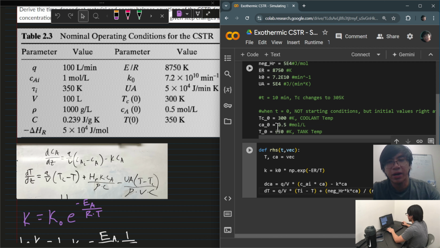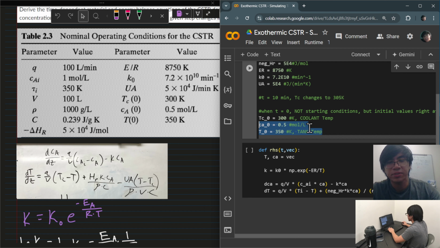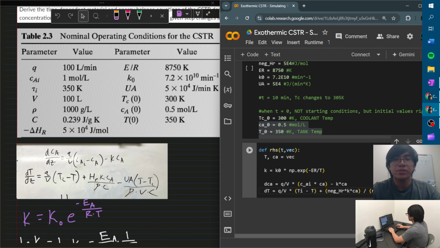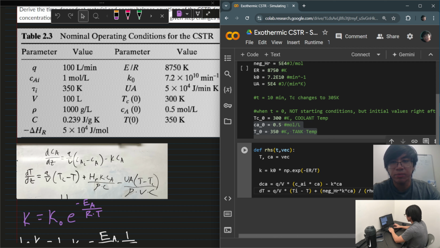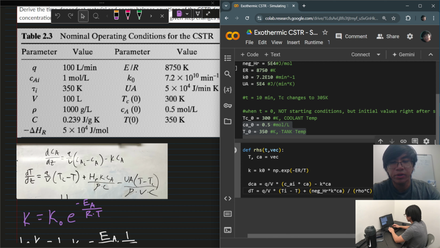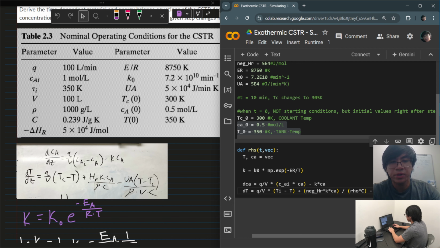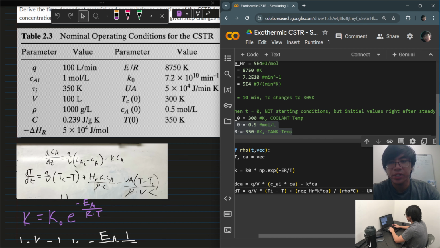We can't supply our initial guesses right after steady state T equals 0 into our expression, as we'll have some different numbers that we'll be looking at. So that expression divided by rho times volume times specific heat.